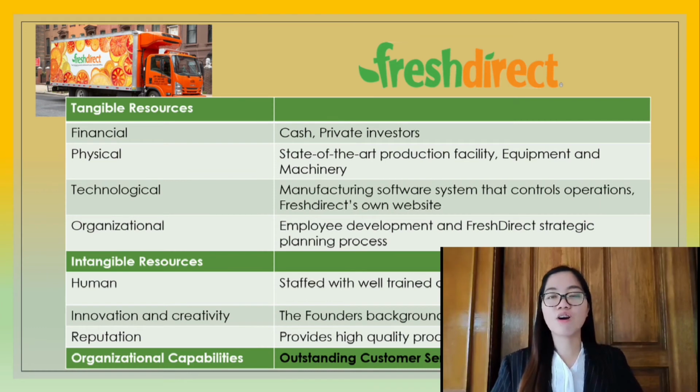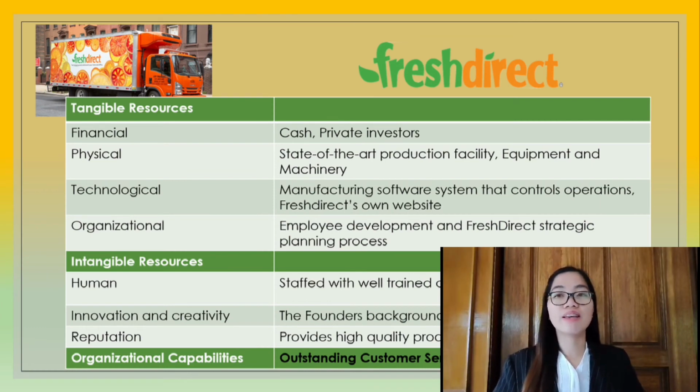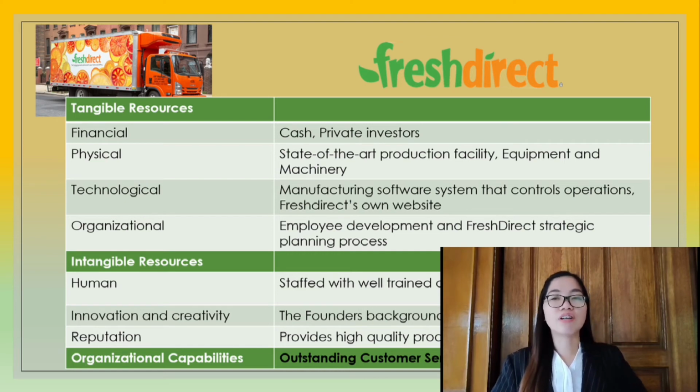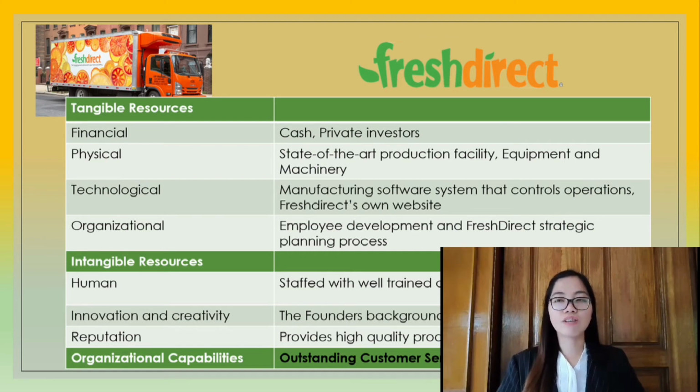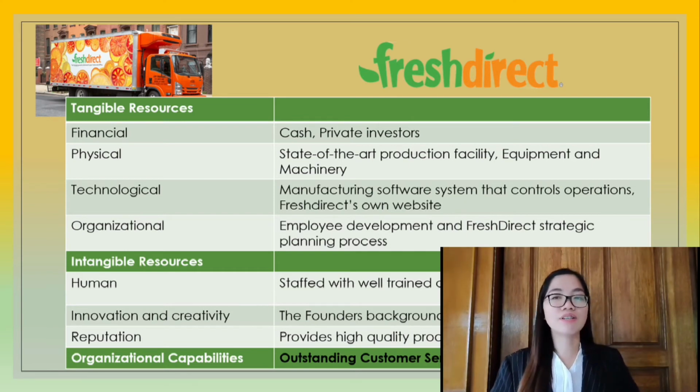Considering the case of Fresh Direct, we can identify the resources as follows. They have their cash, production facility, machineries, and equipment as their tangible resources. They also have their expert employees as their intangible resources.